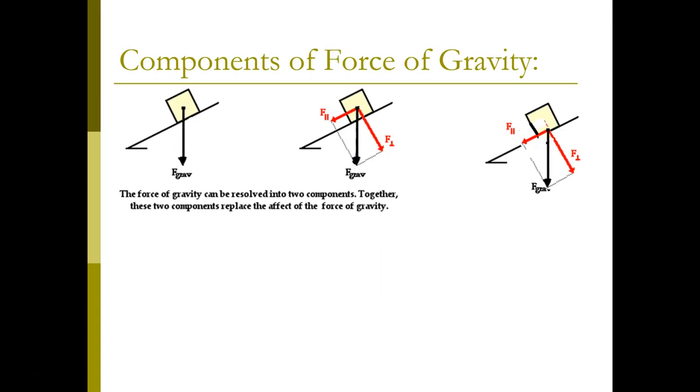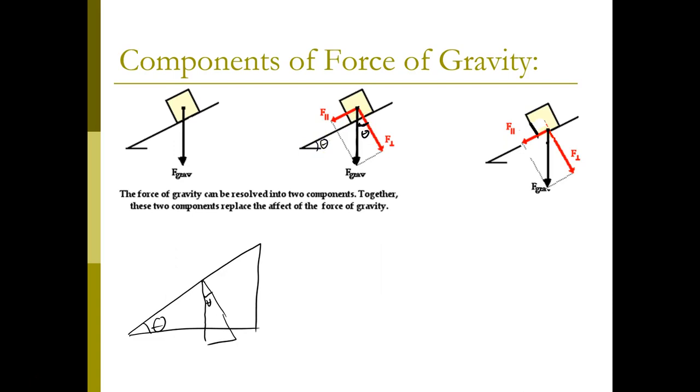Well, if you remember from our summer homework, we had that whole thing where we had the triangle here, and then there was that other triangle like this, and we wanted to prove this angle is the same as this angle. That's actually because we want to use it whenever we talk about inclines. And what we know is that the angle right here is the same angle as our angle of incline.